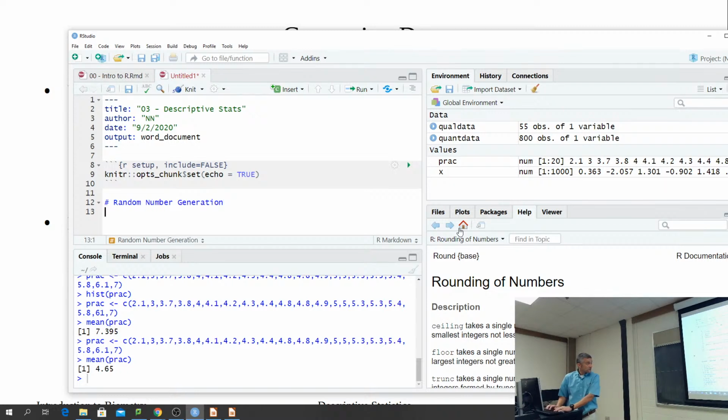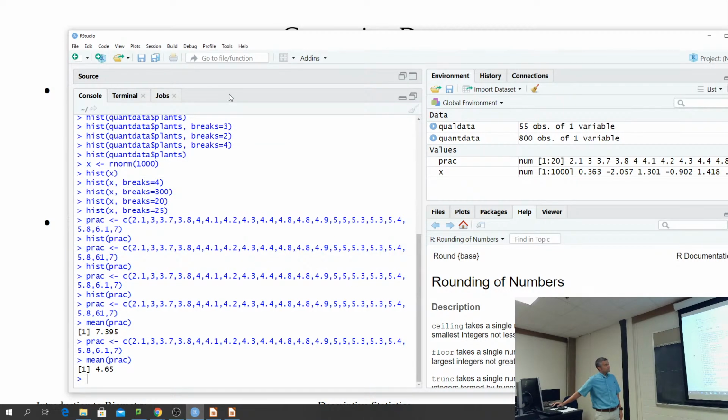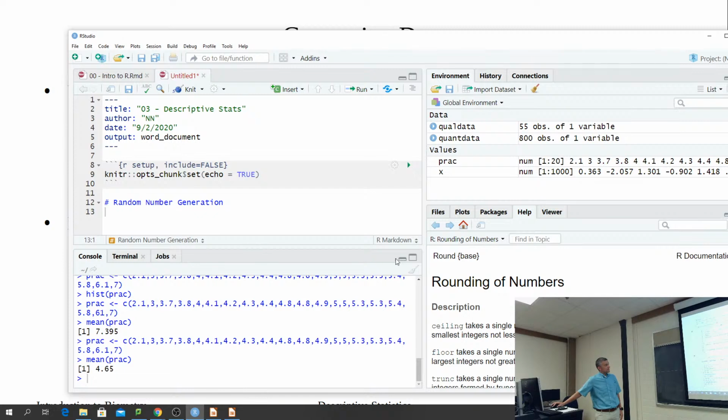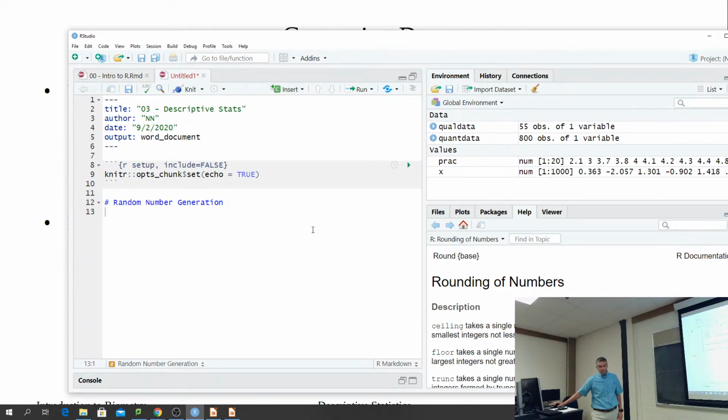We're going to start with random number generation. Let me get my cursor. Run this. Bless you.